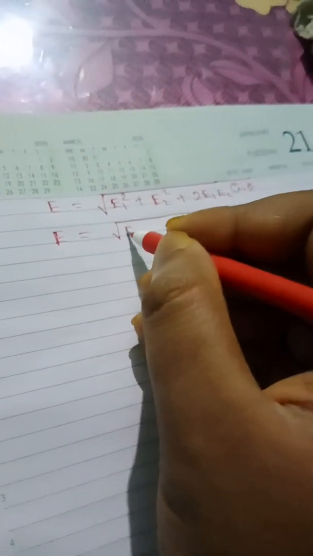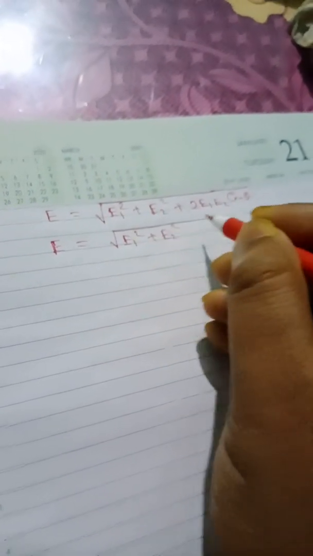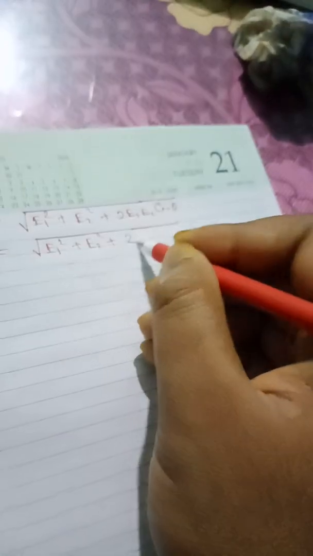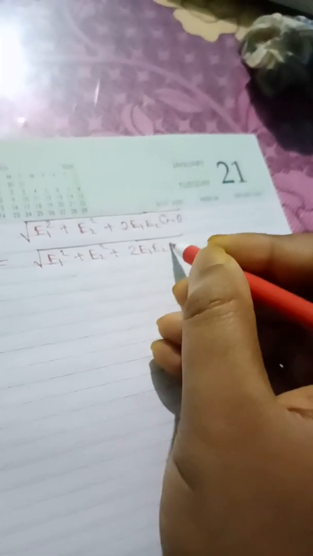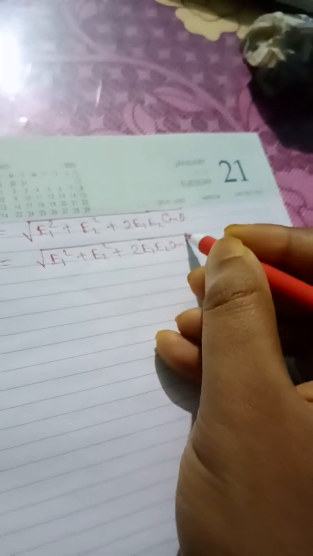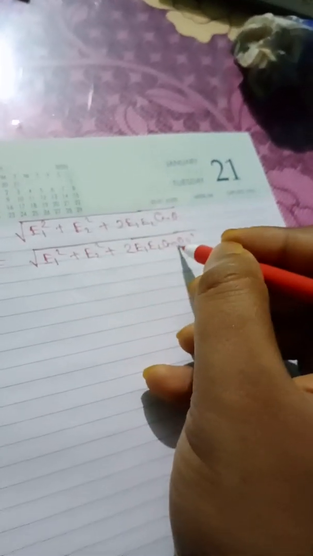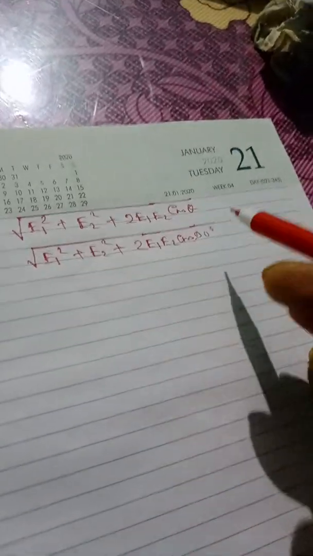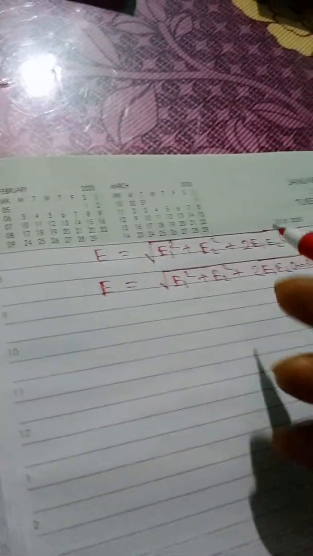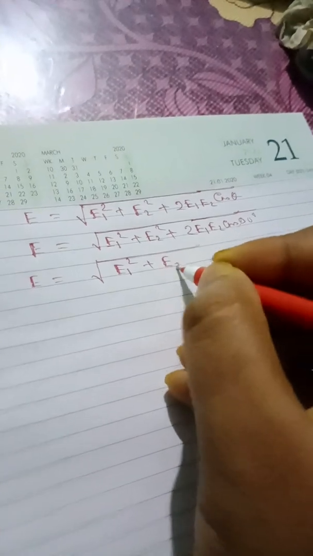So from this expression you can write E is equal to root over of E1 square plus E2 square plus twice E1 E2 cos 90 degrees, and this term will be 0 because cos 90 is 0. Clear or not? Cos 90 will be 0. So from this, E is equal to root over of E1 square plus E2 square. Now we put the values of E1 and E2.